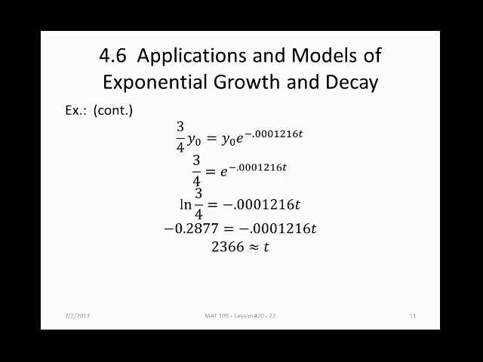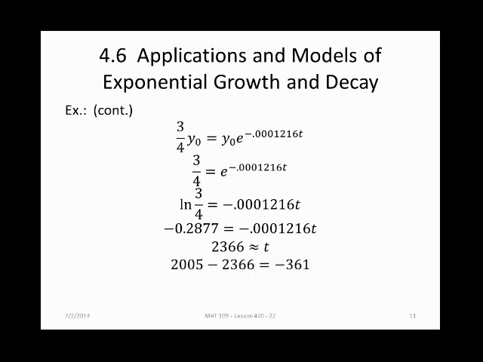T, remember, is how many years. It is not a date, it is how many years. The question was, in what year did that woman die? Well, this measurement was being done in 2005. It's been 2,366 years since the woman died, so we would have to start at 2005 and go back 2,366.